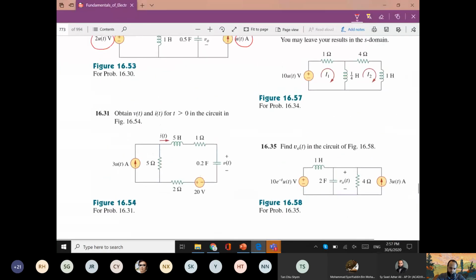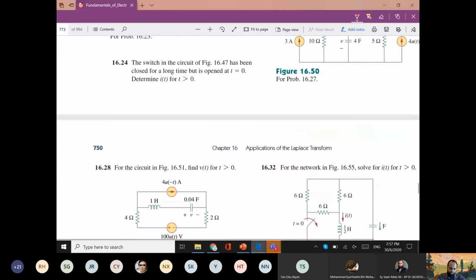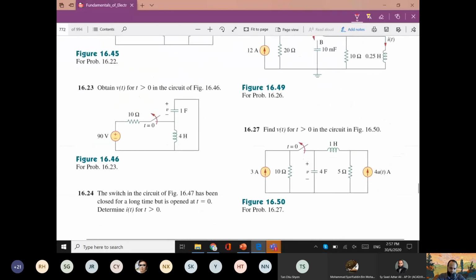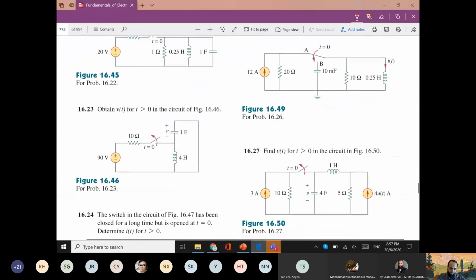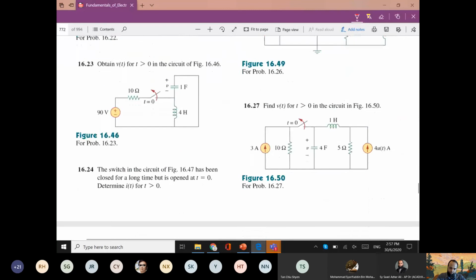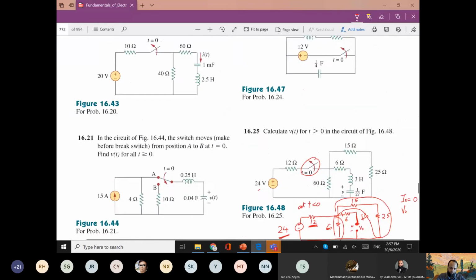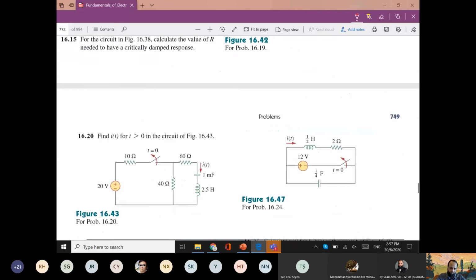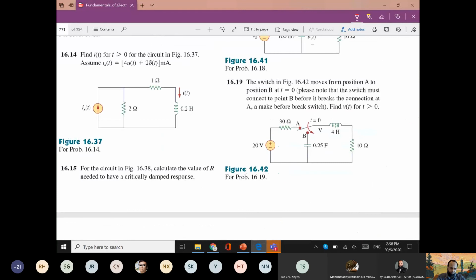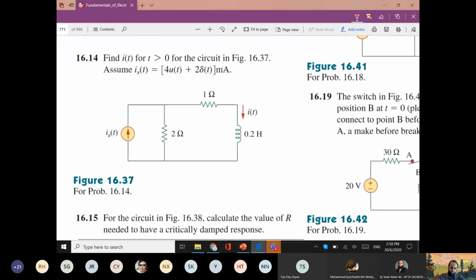I can't find. Okay, this one. Okay, one thing.